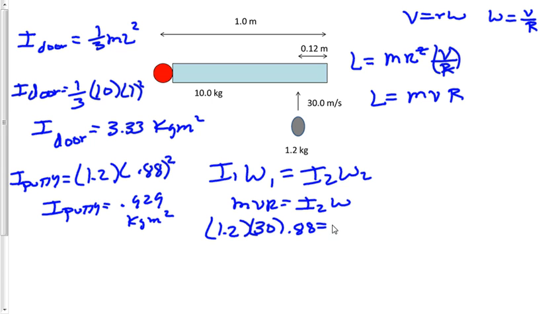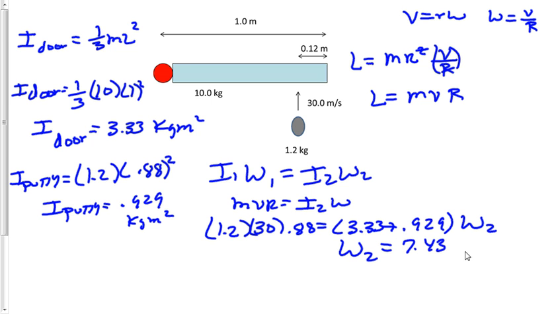So on the right side, my I2 is comprised of both of those moments of inertia since the putty does stick with it. So I'm going to go 3.33 plus 0.929 multiplied by omega 2. And omega 2 is going to equal 7.43 rads per second.